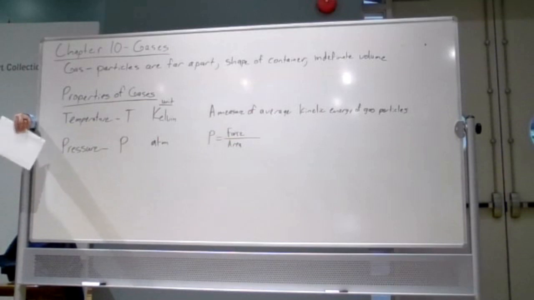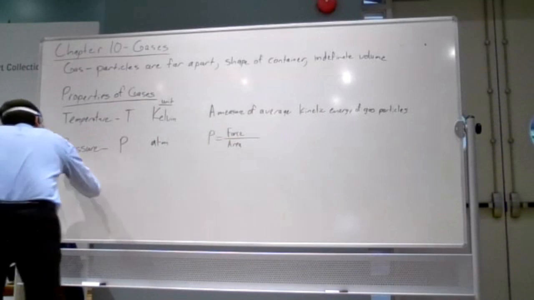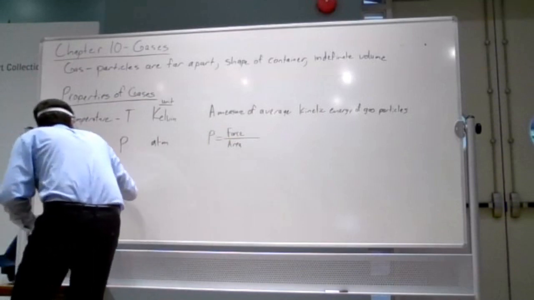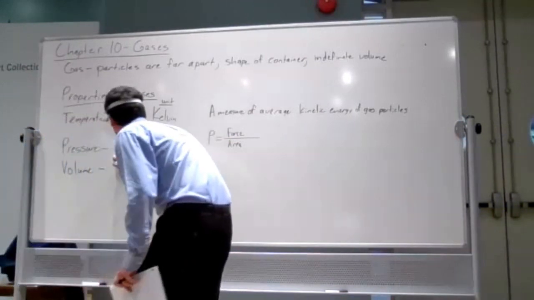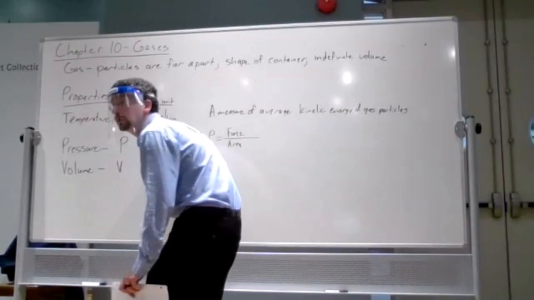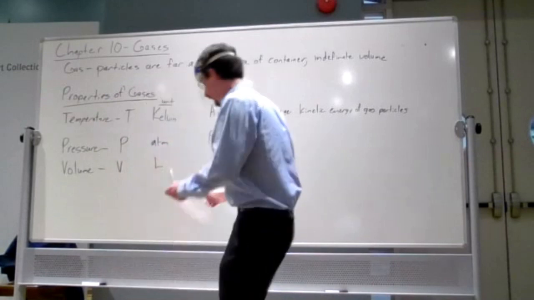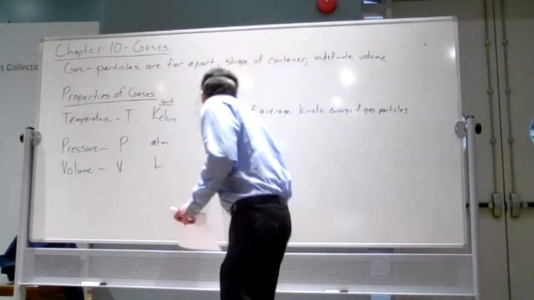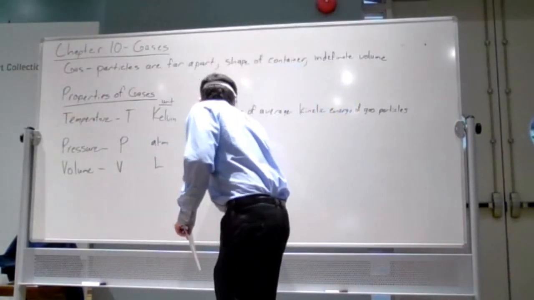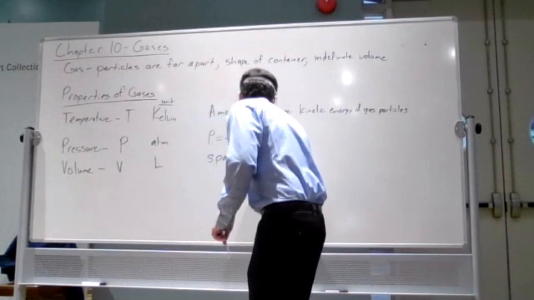What property are you keeping track of? Yeah, volume. What symbol do you think we're going to give it? Yeah, not very creative. Unit? Yep, liters. And it's basically the space occupied by gas.